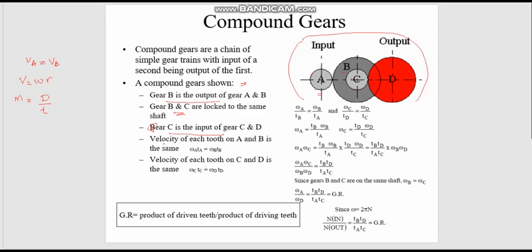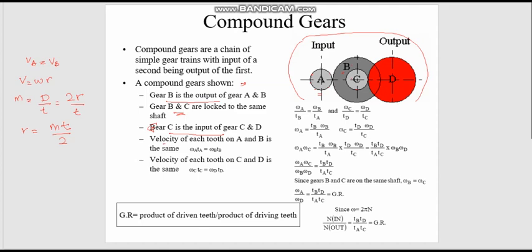So basically, this is equal to 2R over T. So I can define R to be equal to M T over 2, where M is module. So for any given gear system that are meshed together, module is the same, times T over 2.